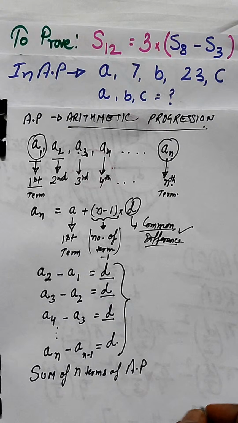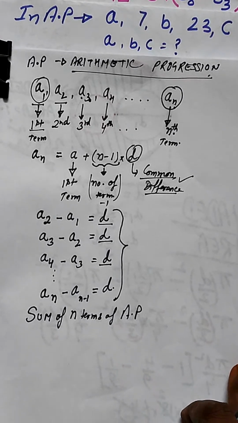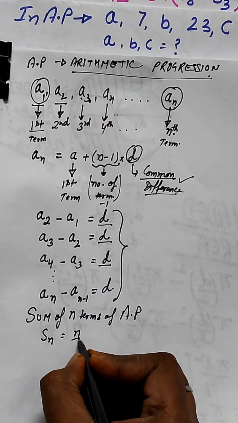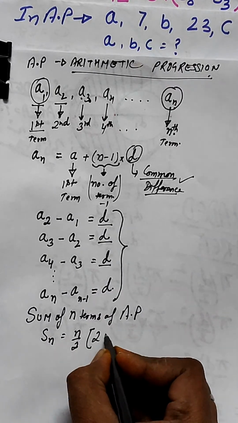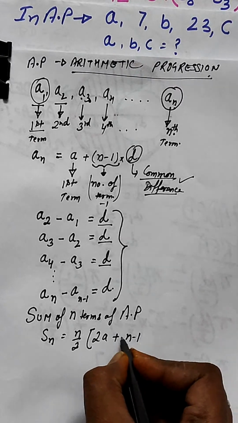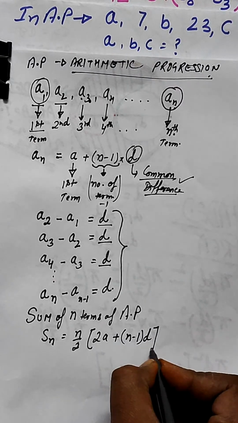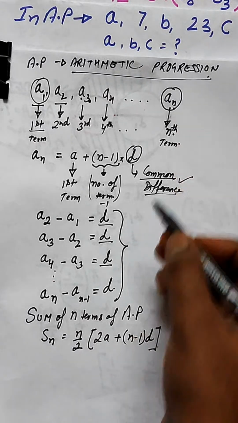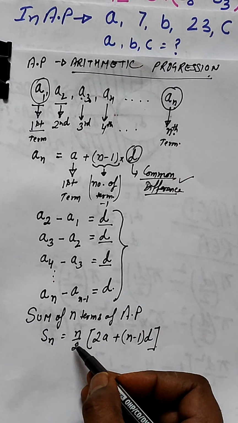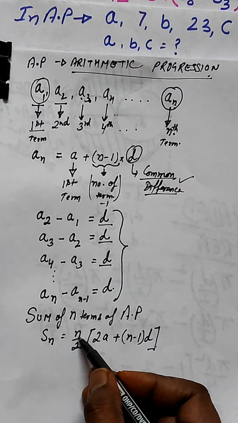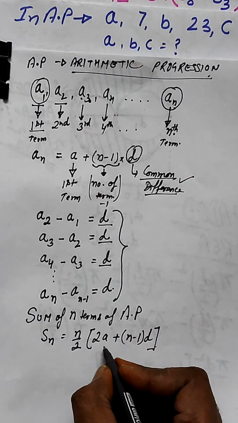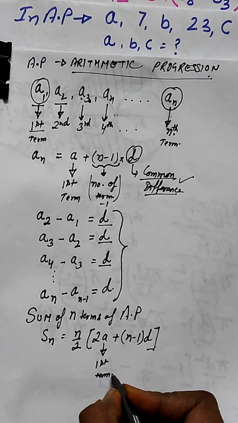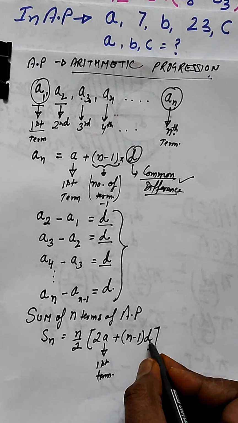The sum of n terms of AP is written as Sn equal to n by 2 into 2a plus n minus 1 into d. You know the value of n, whatever be the series, you are knowing it. n is known to us, a is the first term, so I'm mentioning it over here again. It's first term, right? And d is the common difference.